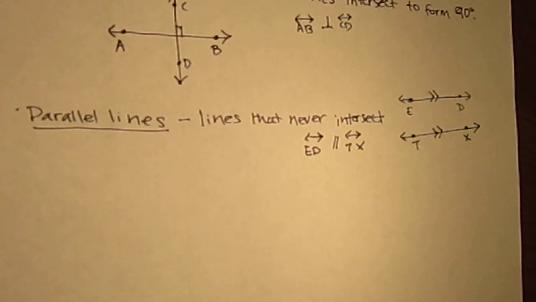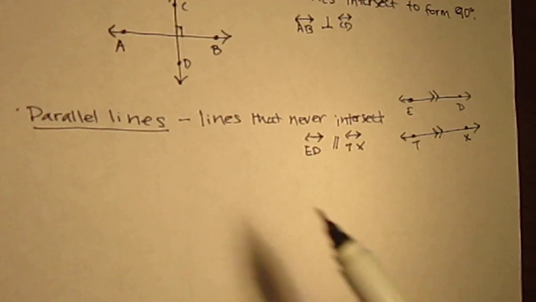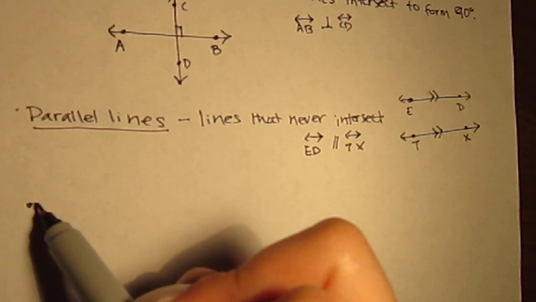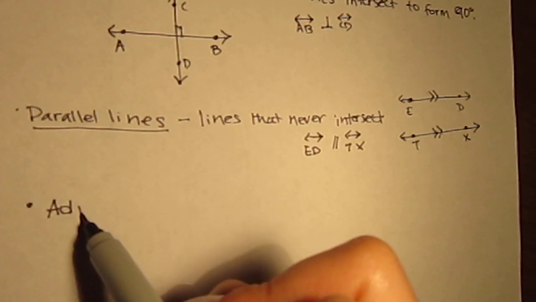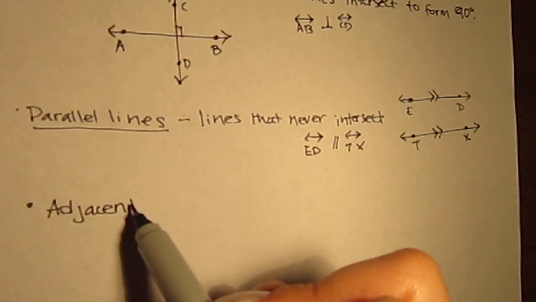Okay, the next set of angle relationships is called adjacent angles.